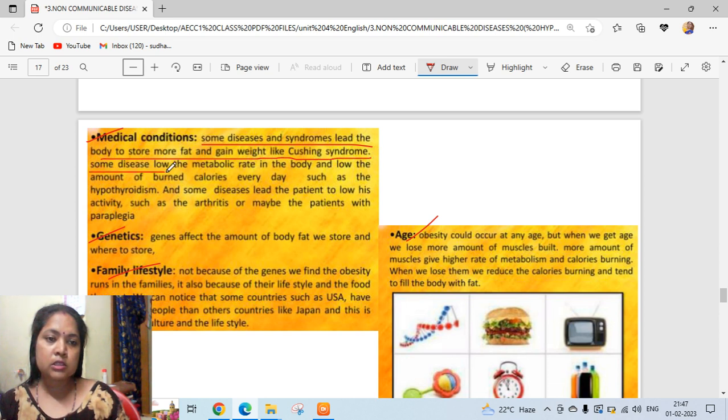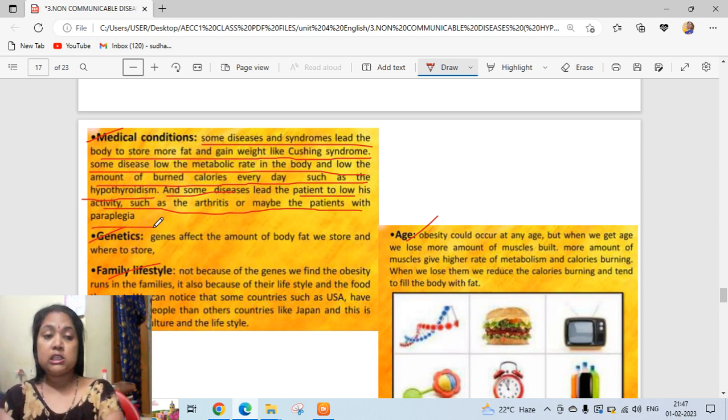Then some diseases lower the metabolic rate in the body and lower the amount of calories burned every day, such as hypothyroidism. And some diseases lead the patient to lower his activity, such as arthritis, or maybe a patient with paraplegia. These are some diseases, okay.